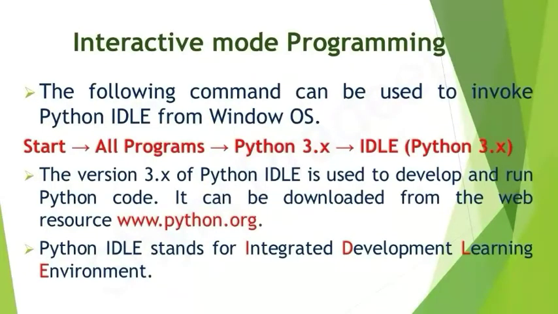You can download this Idle Python 3.x version from the website www.python.org. Okay. What is the full form of idle? Integrated Development Learning Environment. Okay. So you can download this Python programming language from this website.